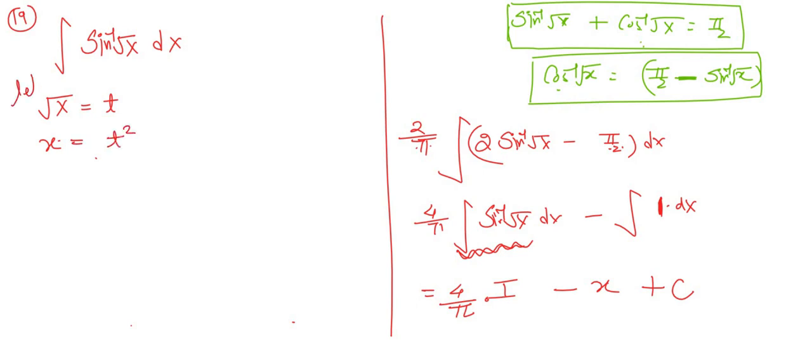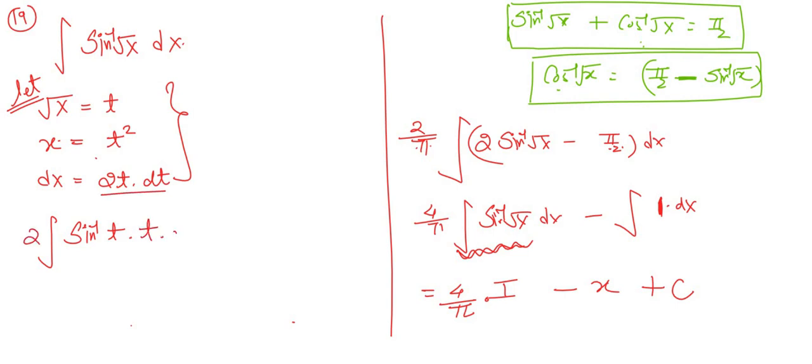We are just assuming here to simplify it. Okay. So what will be dx? dx will be 2t dt. Correct? So this I am putting in my question. So this will become sine inverse of t, and what is dx? Twice of t dt. Correct?